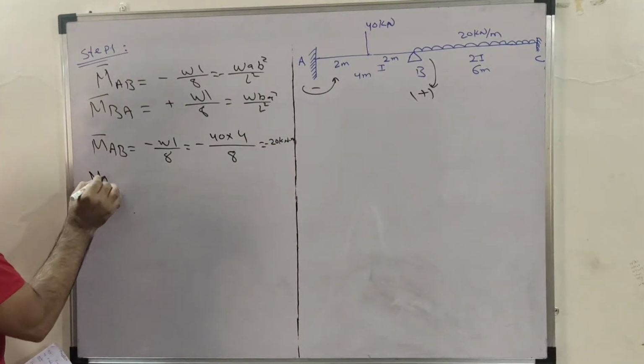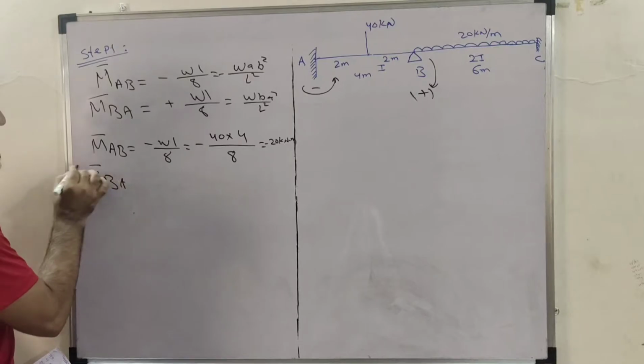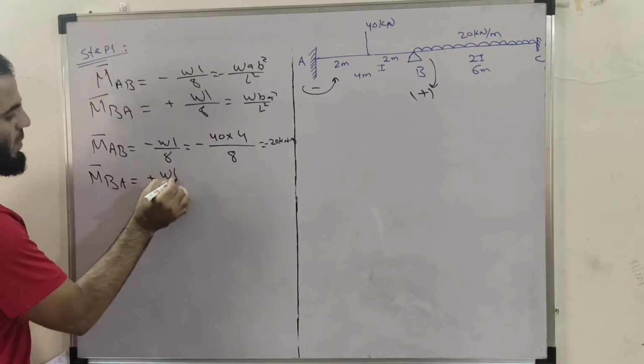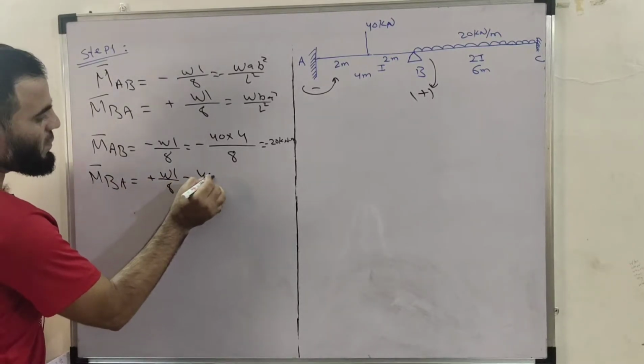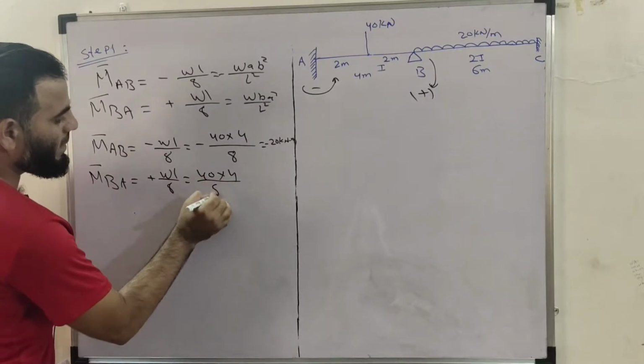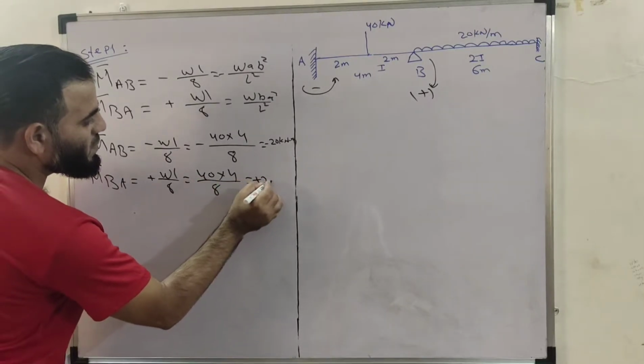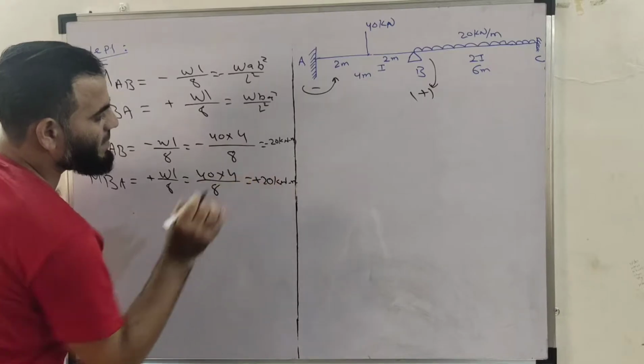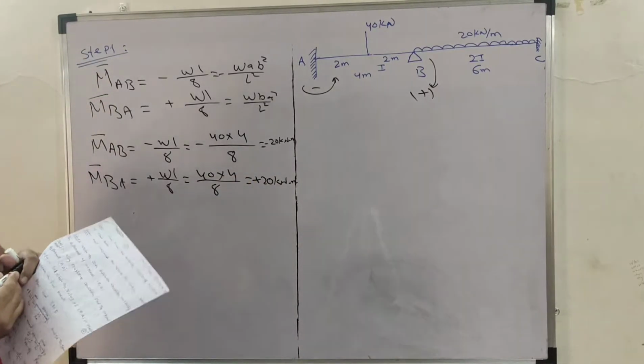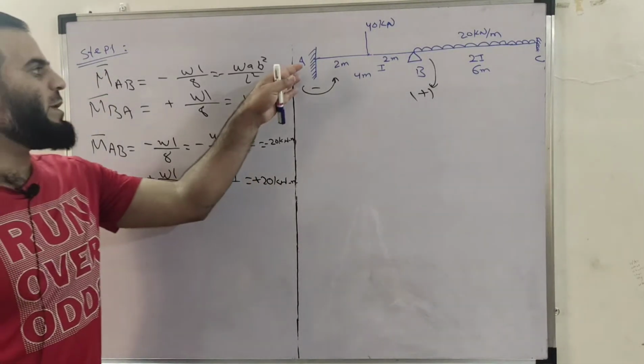Now the moment BA fixed is plus WL by 8, 40 into 4 by 8, which is plus 20 kilonewton meter.